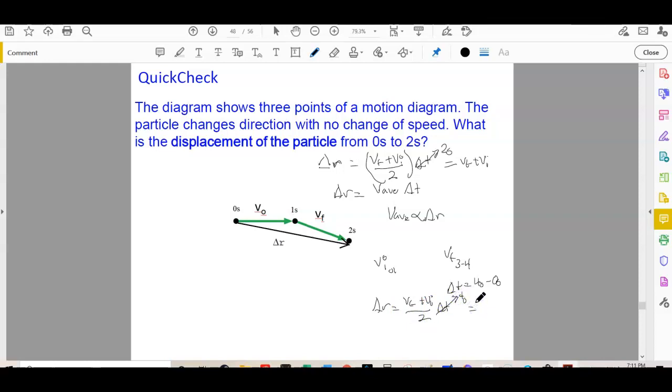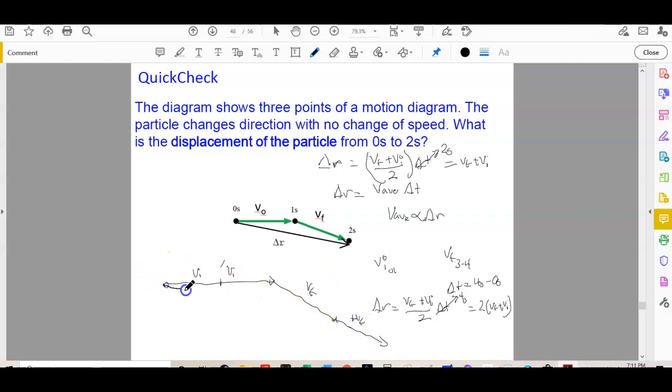So you're going to have to go 2 times v final plus v initial. You're basically doubling the initial velocity vector, so that looks about double this, initial velocity vector plus initial velocity vector, and add that to double the final velocity vector, final velocity vector plus final velocity vector.